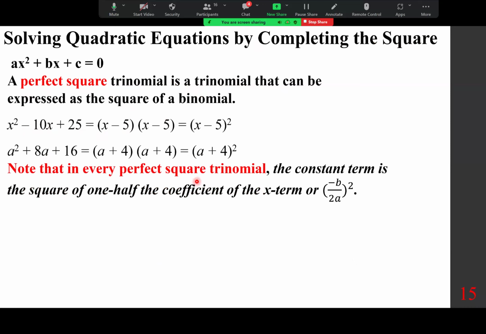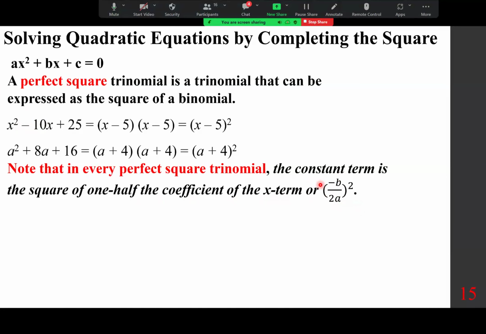Note that in every perfect square trinomial, the constant term is the square of 1/2 the coefficient of the x term, or (b/2a)². So basically, whatever this one is divided by 2, it doesn't matter if you have a minus or plus.